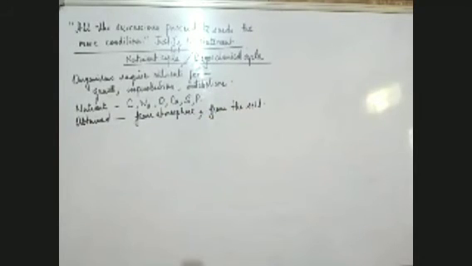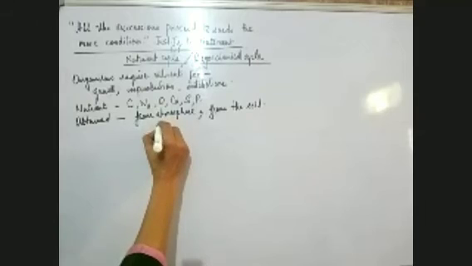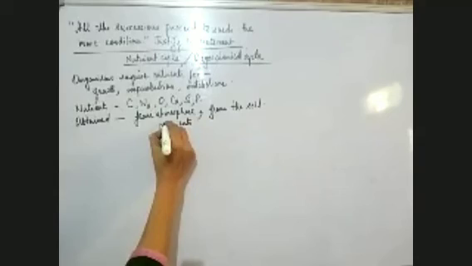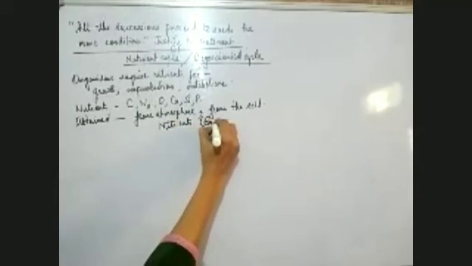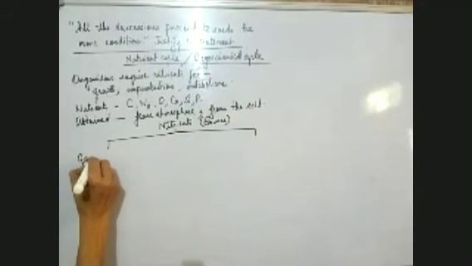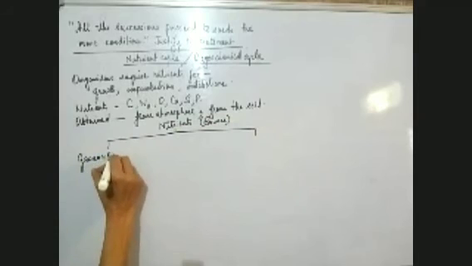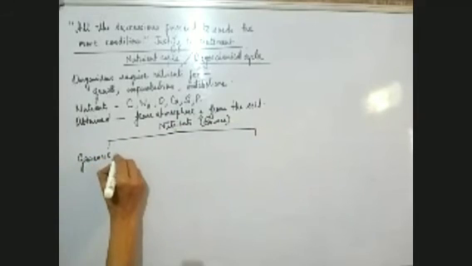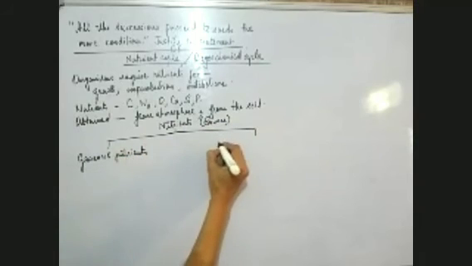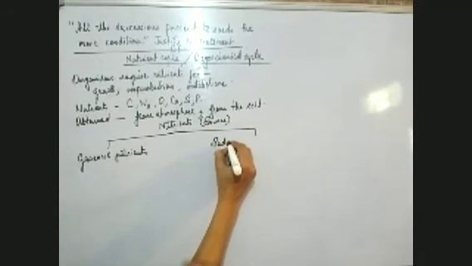On the basis of the source from where they are obtained, the nutrients are divided into two types: the gaseous nutrients and the sedimentary nutrients.